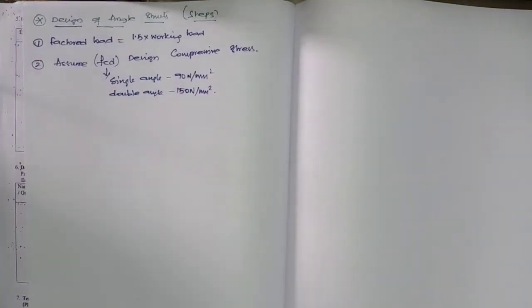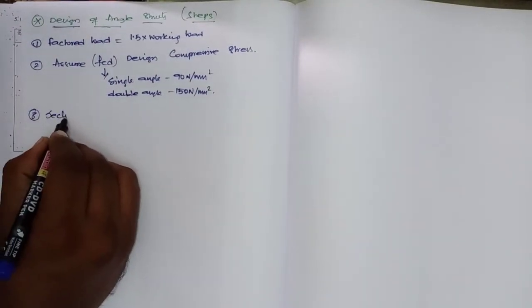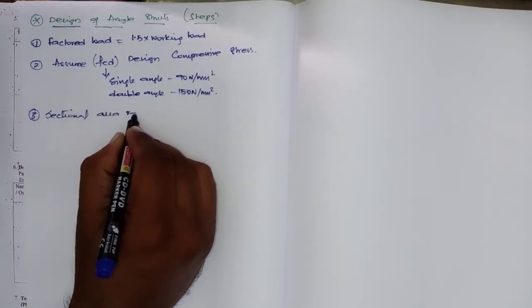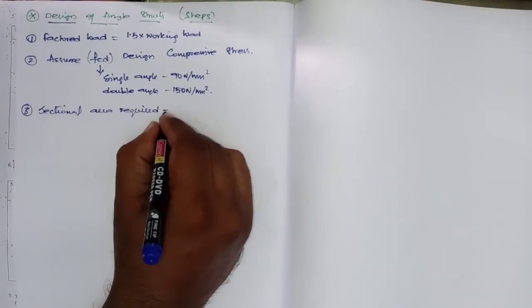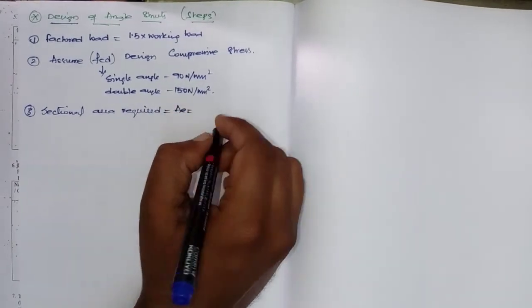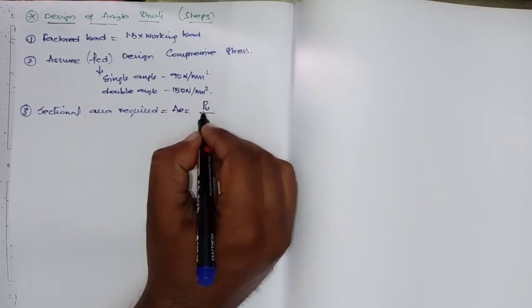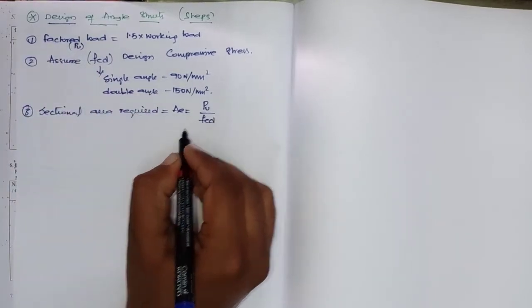After assuming this, next, sectional area required. Sectional area required, that is AE equals what? PU by FCD, the factored load PU divided by the assumed FCD value.